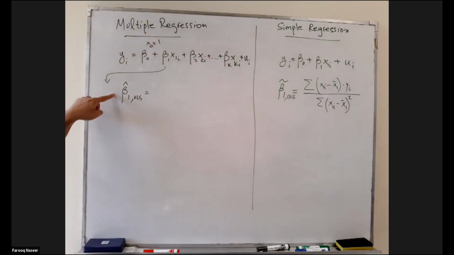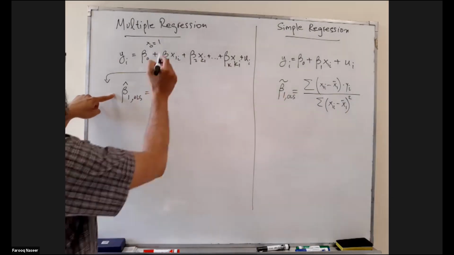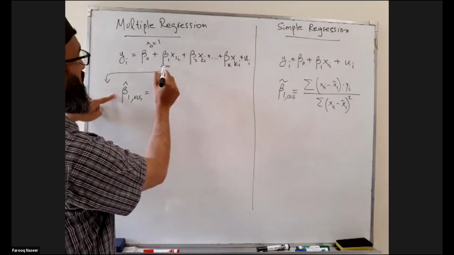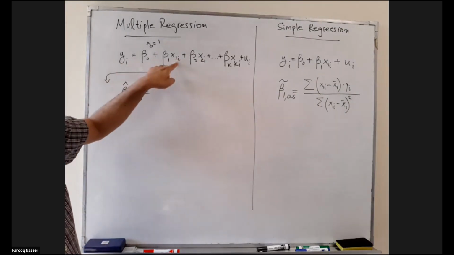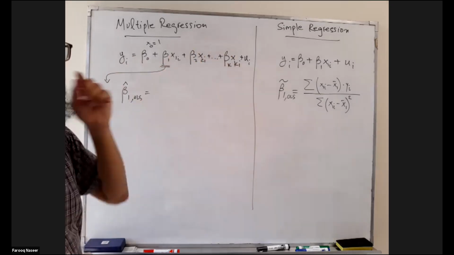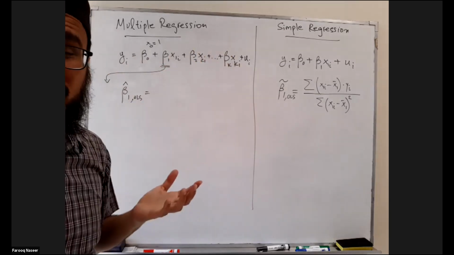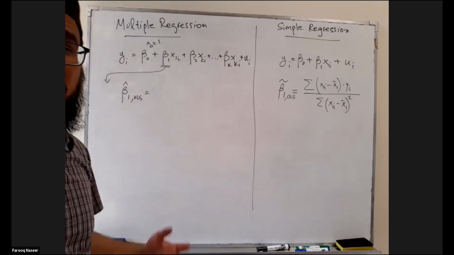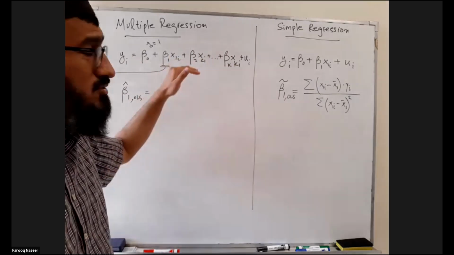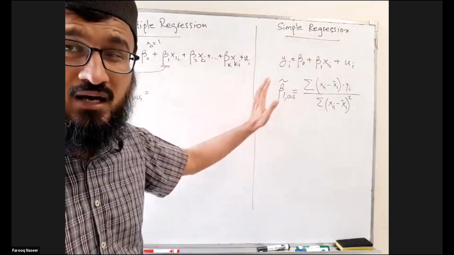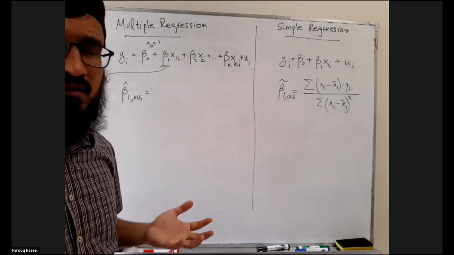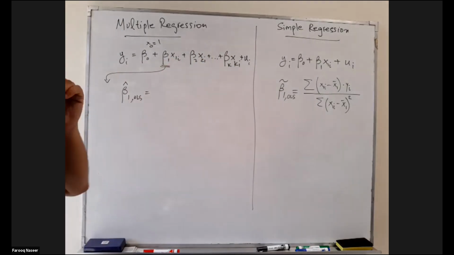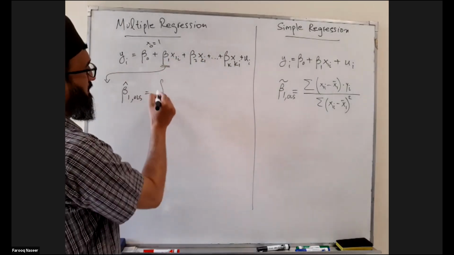So in the multiple regression, even though we are talking about estimating the slope coefficient of x1, that estimate is not simply going to be a function of y and x1. In fact, it's going to be a function of all the x variables in general, because you can imagine that I have k plus 1 equations and k plus 1 unknowns. So when I solve them, some complicated formula will come out, with all the variables in it.